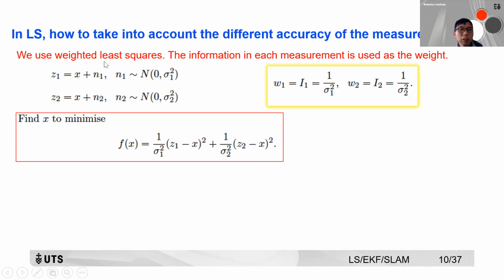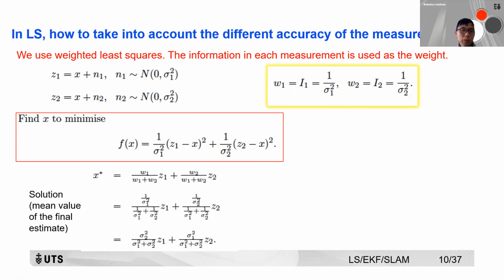When we have the weights, then we can basically consider the different accuracy of the measurement. And the solution of this is also simple. You just take the derivative, then let the derivative equal to 0, and you get this solution. And you can see the solution is a weighted sum of Z1 and Z2.